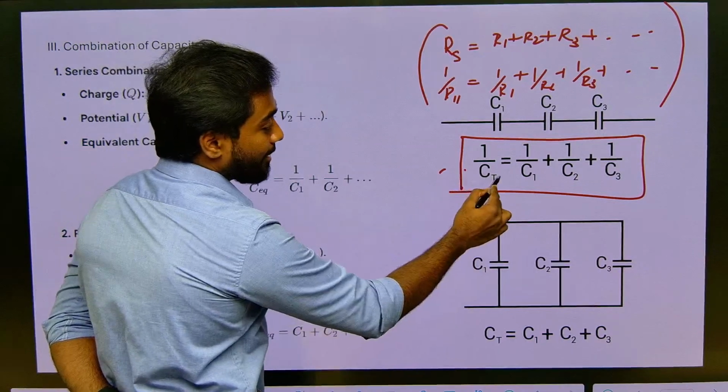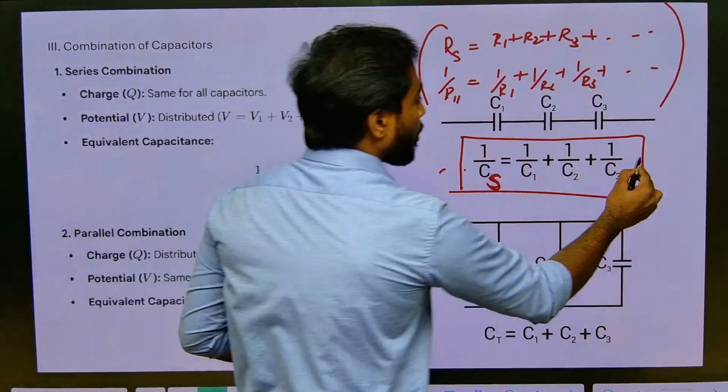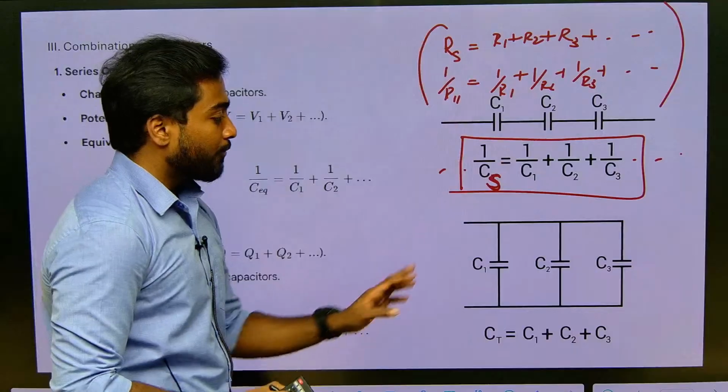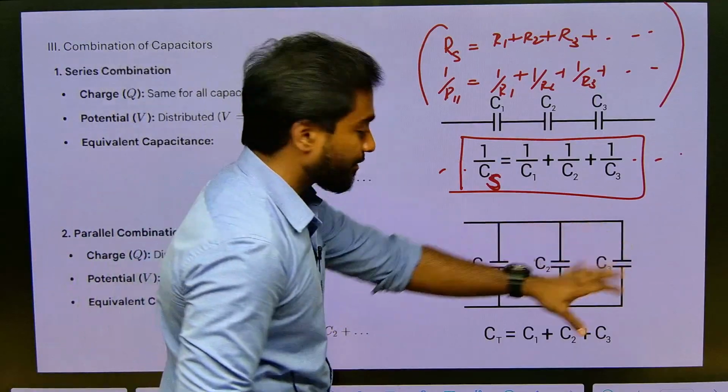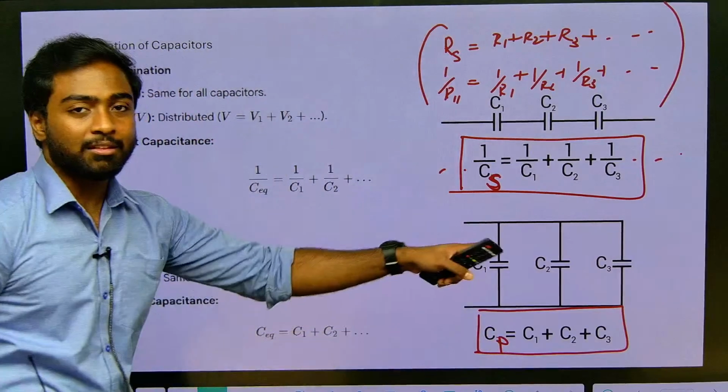1 by Cs will be equal to 1 by C1 plus 1 by C2 plus 1 by C3 up to 1 by Cn, like however many capacitors we are adding. If we are talking about 3 parallel capacitors, C parallel will be equal to C1 plus C2 plus C3, right.